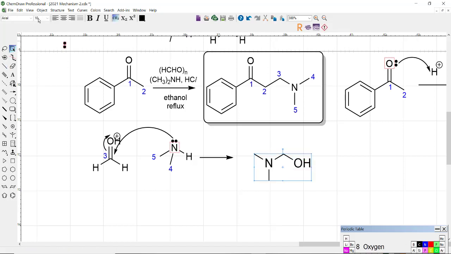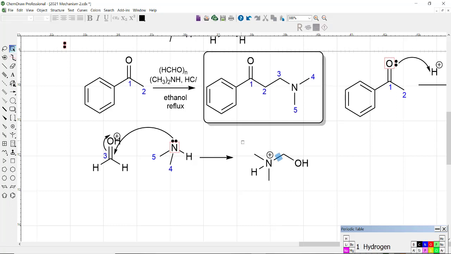So I'm just going to resize it. This is what you're going to get, and of course, not to forget, your N is actually charged, with H here. I'm going to resize it as well, and your N should take on a plus charge, something along this line.